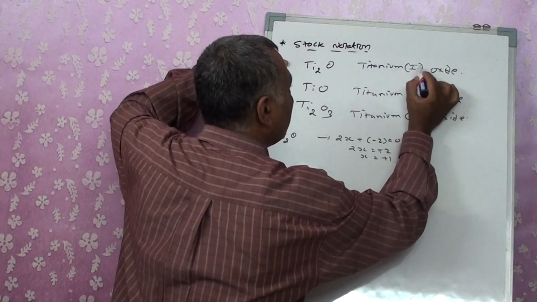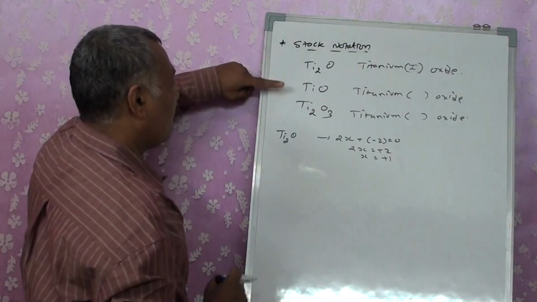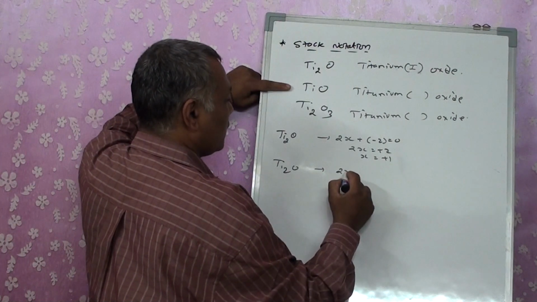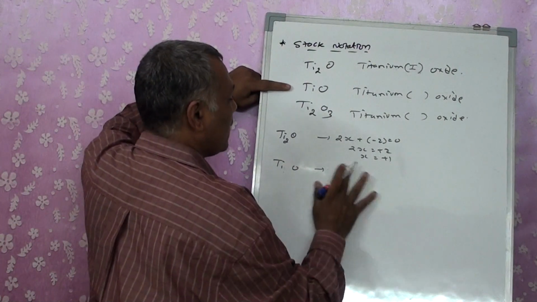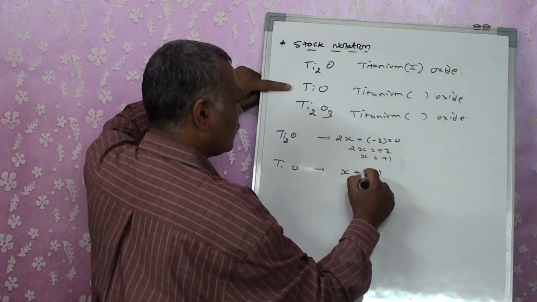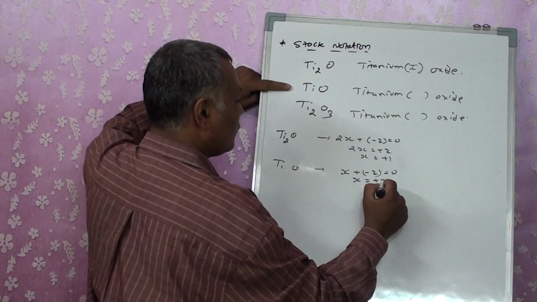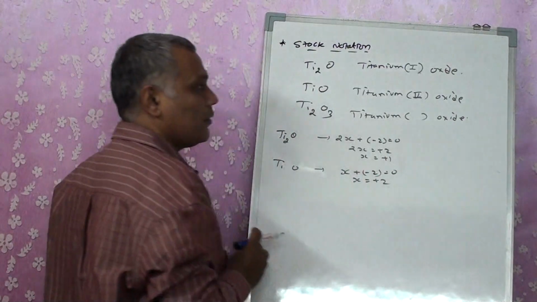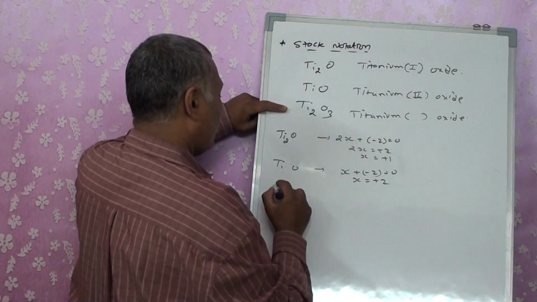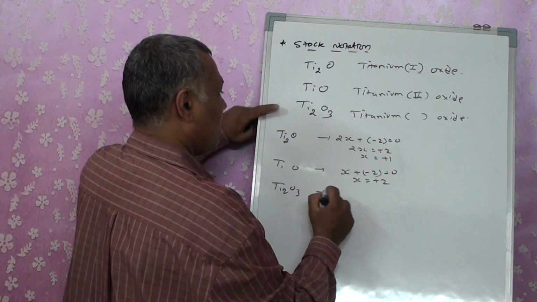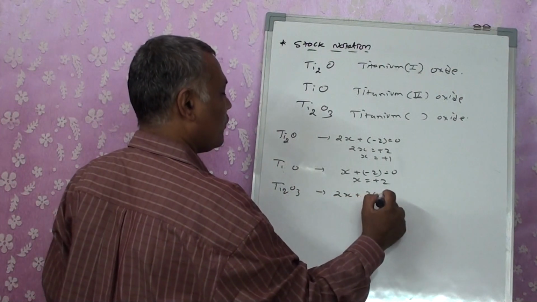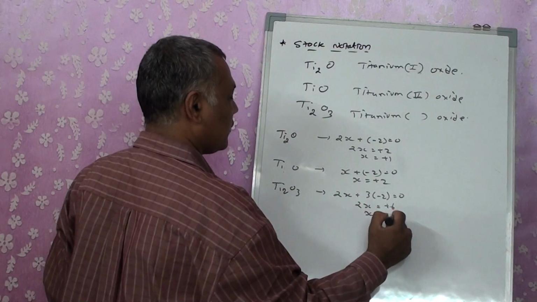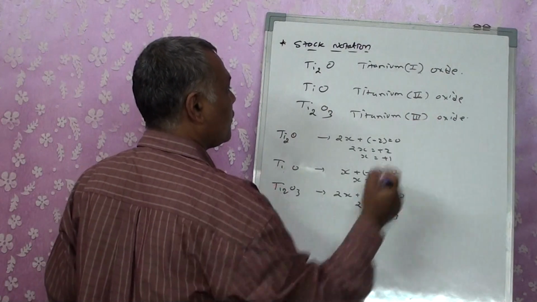So this one will become titanium(I) oxide. If I go for TiO, we get x minus 2 equals 0, so x is equal to plus 2. This one will become titanium(II) oxide. If I go for Ti2O3, we get 2x plus 3 into minus 2 equals 0, 2x is equal to plus 6, x is equal to plus 3, titanium(III) oxide.